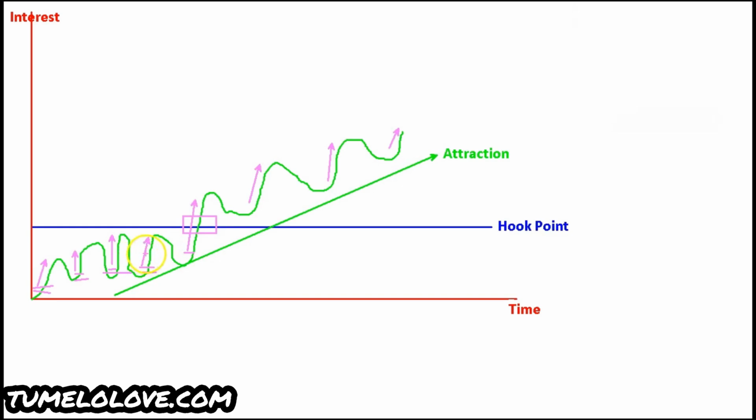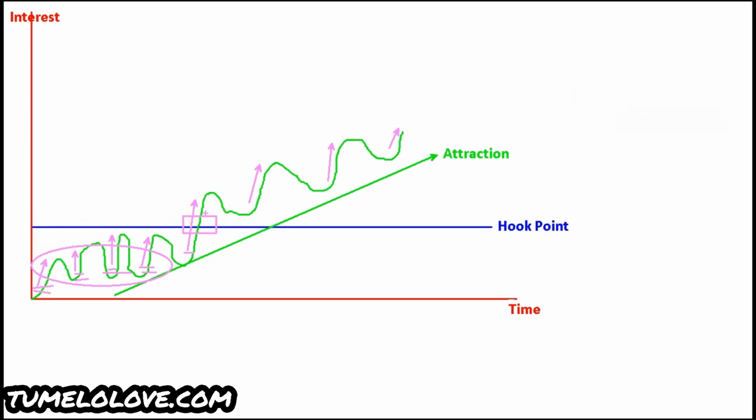Now, what you'll also notice when it comes to spiking emotions is that in the beginning of the interaction, when you haven't reached the hook point, you may need to spike her emotions more and more regularly in order to get her past this hook point.